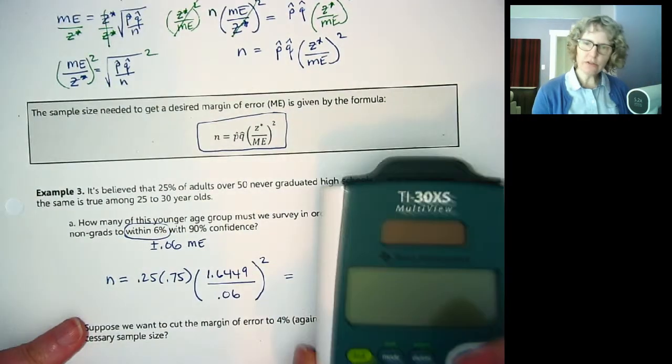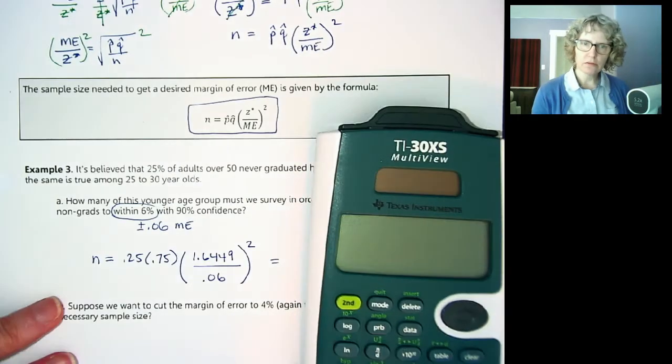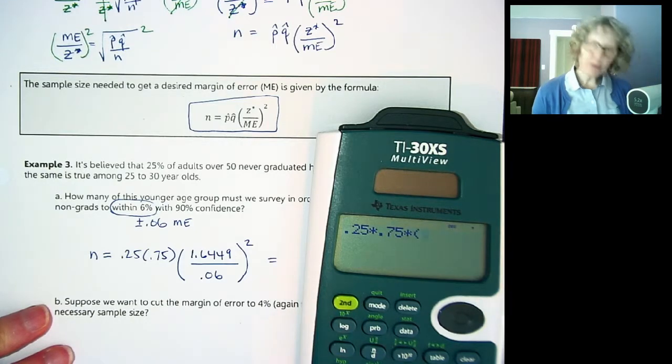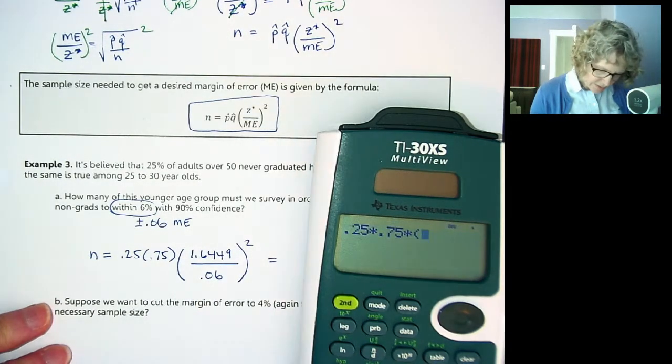Okay, so we punch all this in. Again, I'm going to do it all in one step. 0.25 times 0.75 times, or just parentheses would be fine. I do have to have parentheses here because I want to square this whole quantity. So 1.6449 divided by 0.06, squared.